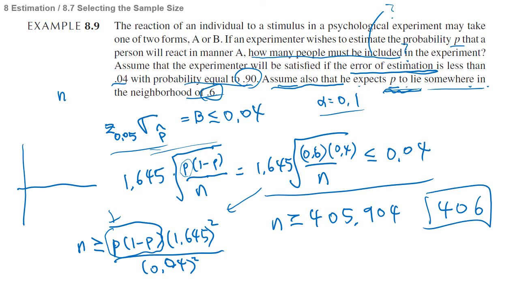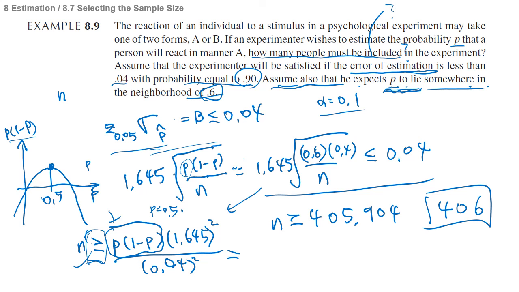So for p times 1 minus p, the graph of this is something like this. This side is p, and this side is p times 1 minus p. And p times 1 minus p is maximized when p is 0.5. And so to have this inequality always hold, we put p equals 0.5 and calculate n.